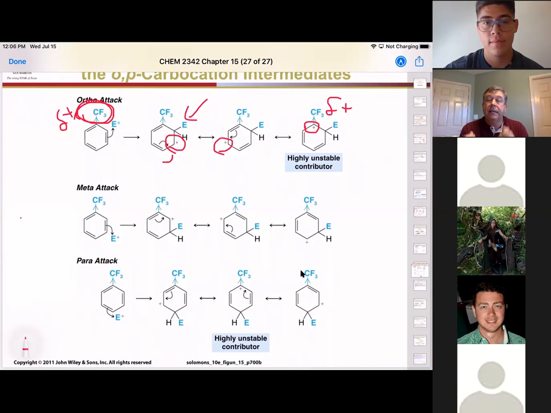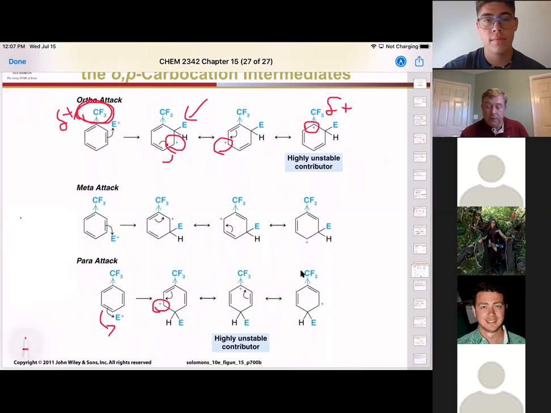That's why it's the most unstable of the contributors. Okay? So the same is true if we have attack at the para site. If we have the electrons come out and grab here, we're going to end up with our first positive charge in that position there.